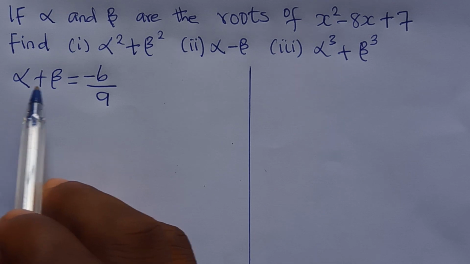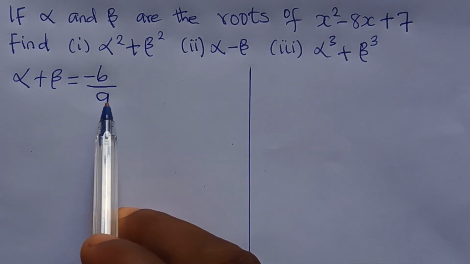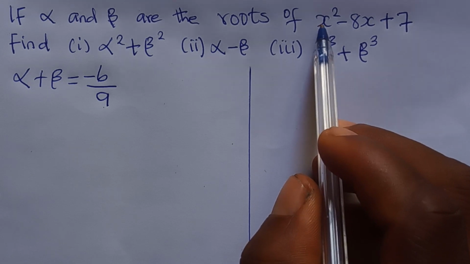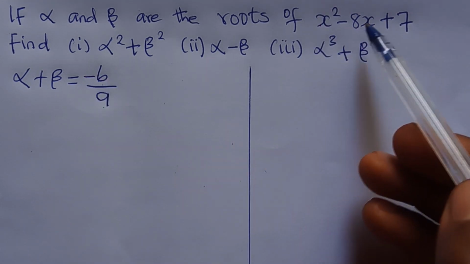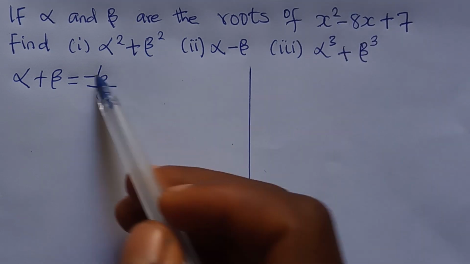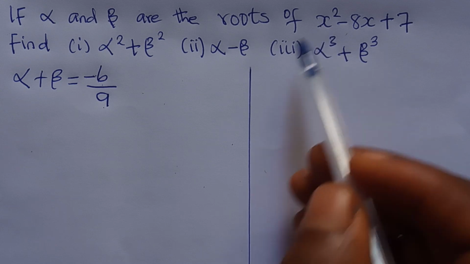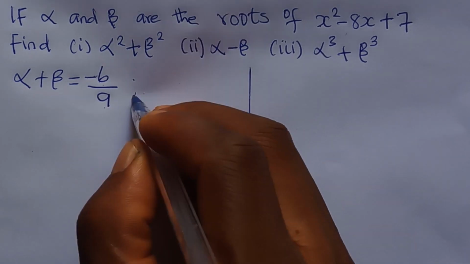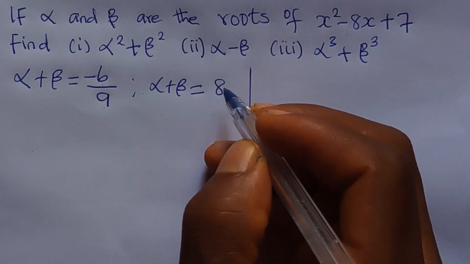If alpha plus beta is equal to this, our b is what? Our b is minus 8 and our a from the question is 1. So negative b, where our b is negative also, the negative will cancel negative, therefore we'll have 8 divided by a, which is 1. So our alpha plus beta is going to be 8.